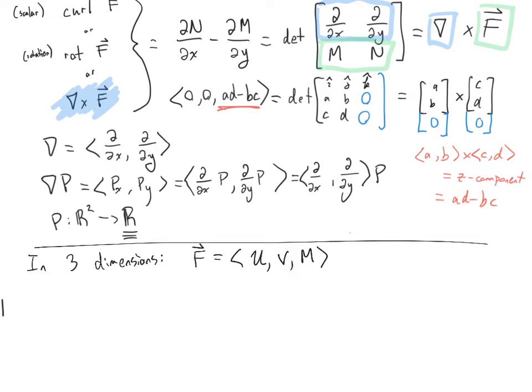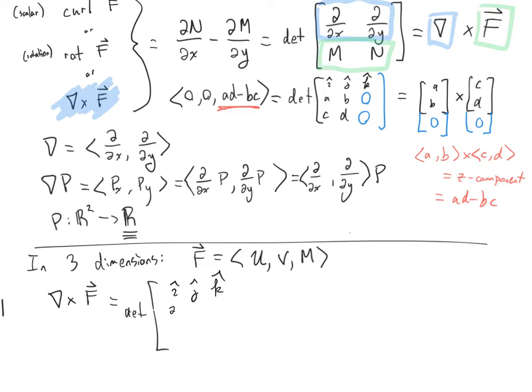But people use all sorts of combinations of letters here. Then the curl of F, nabla cross F, looks like the determinant of the matrix i, j, k.